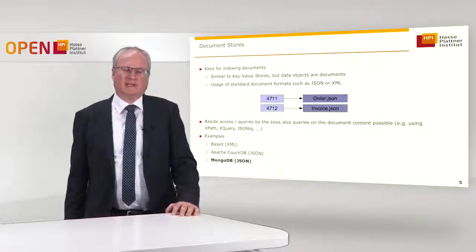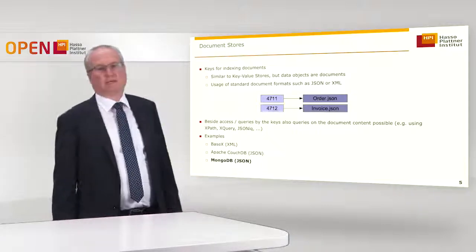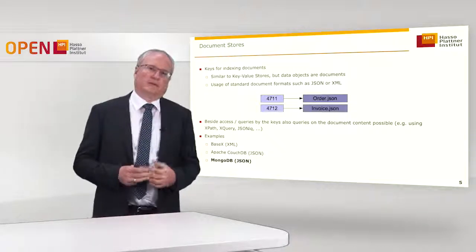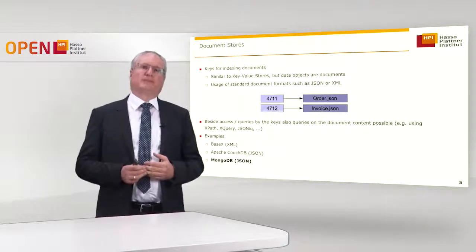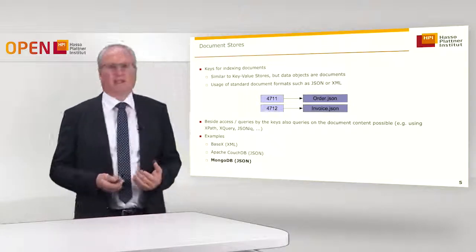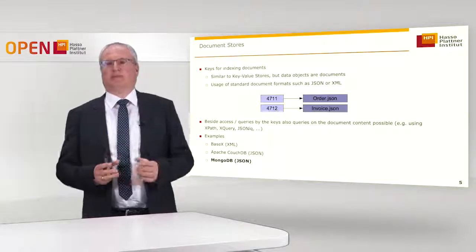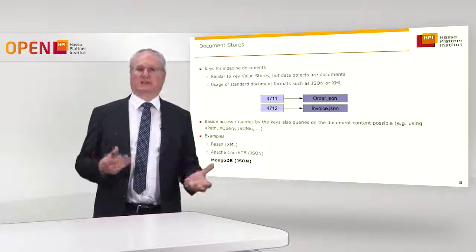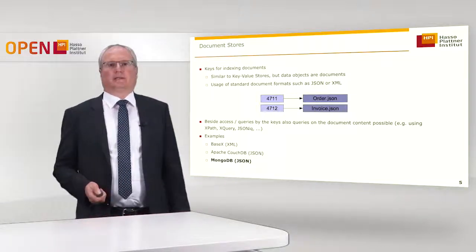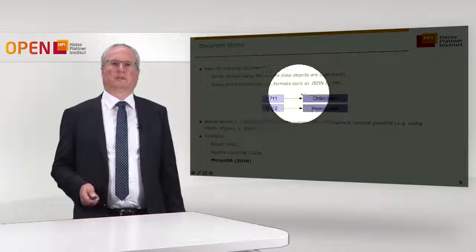A variant of the key value store is the document store, and this is probably the most popular type of NoSQL database. The document store or document-oriented DBMS works in a way that the data that is stored under the key is not just undefined data, but it's a document. And the document has a structure, typically a hierarchical structure. And the documents are referenced by a key. The key points to the document, as you can see here.